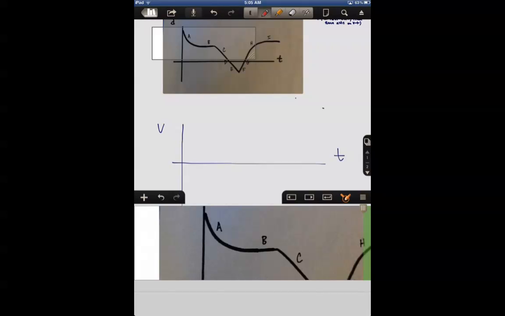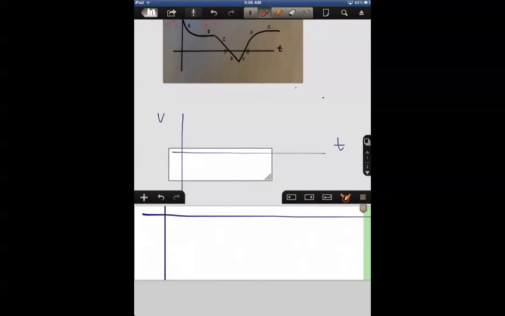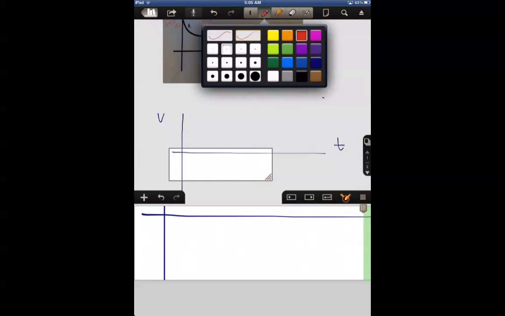And the slope is decreasing, so I'm going to start far away from the axis and make my way towards 0, because when I get to B, velocity equals 0. Here, velocity is less than 0, it's negative. So when I go down, I'm going to be on the underside of the velocity time graph.